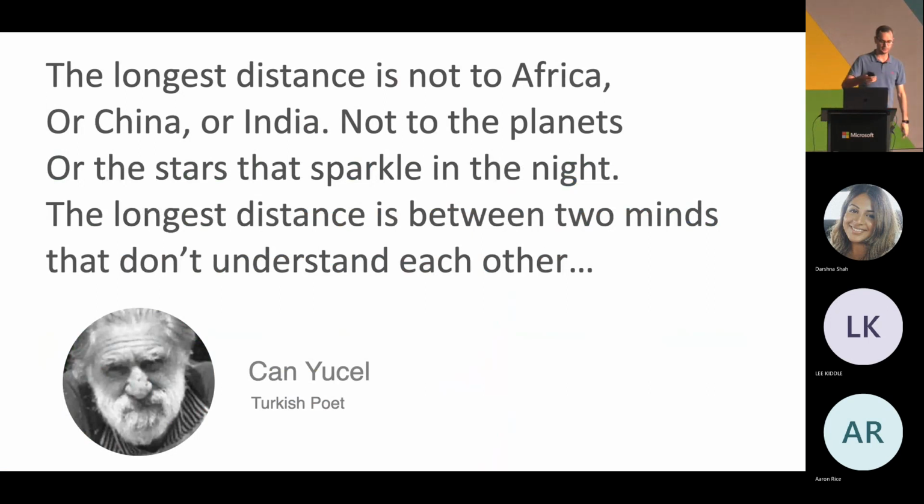And in that poem, it says that the longest distance is not to Africa or China or India, not to the planets or the stars that sparkle in the night. The longest distance is between two minds that don't understand each other. I hope we all understand each other.